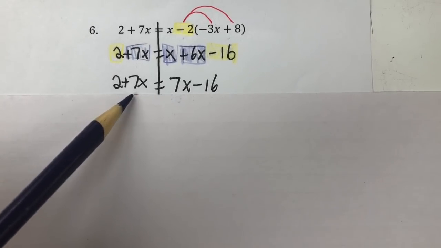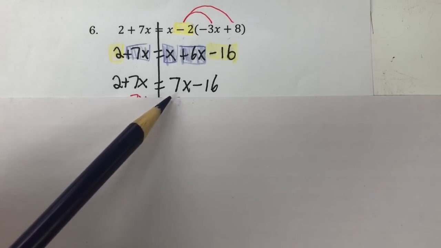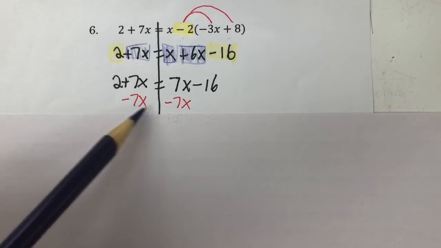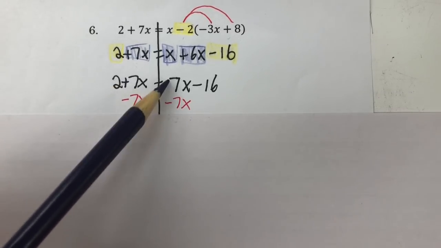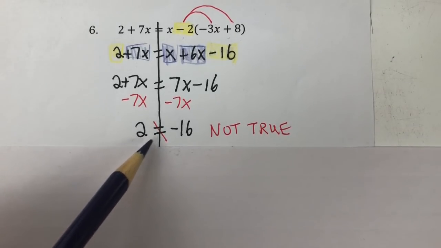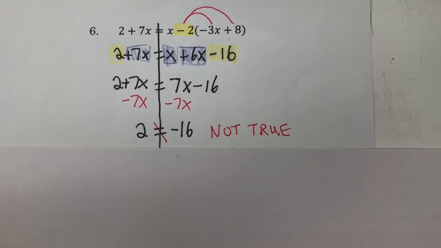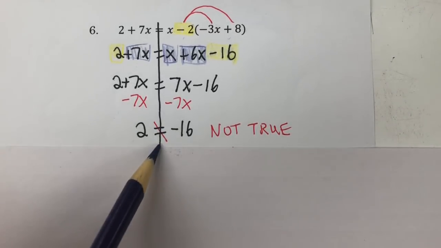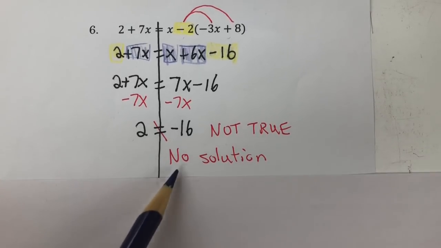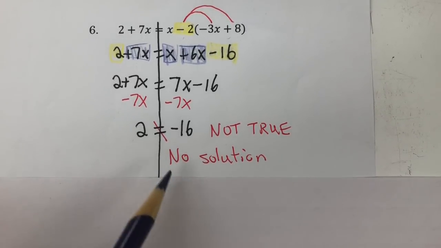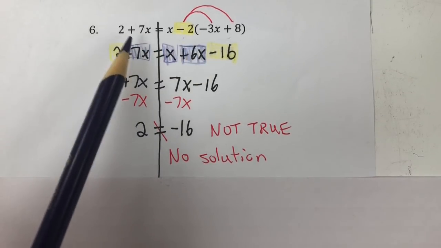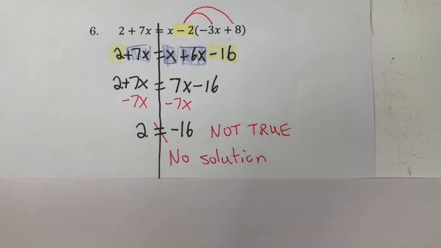Now, I'm going to do the inverse property of addition and subtract 7x from both sides. 0 pair, and we end up with 2 equals negative 16. And that's not true. So if you get a not true statement, then there's no solution. There's no values that we can put in for x here to make the left side equal the right side.